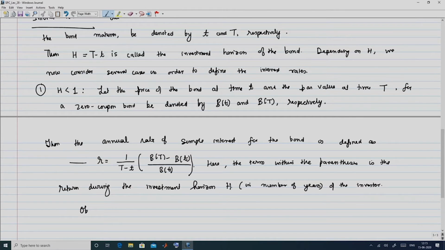And observe that from this relation, B of capital T is equal to B of little t into 1 plus R into capital T minus small t.